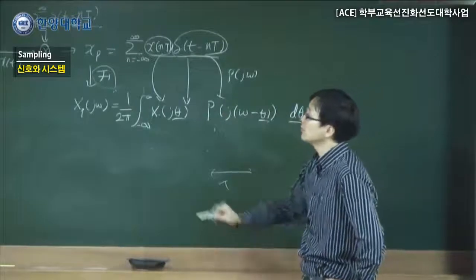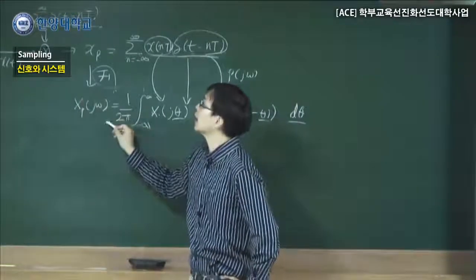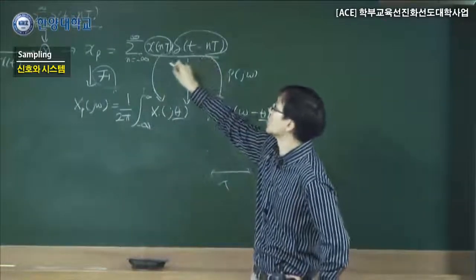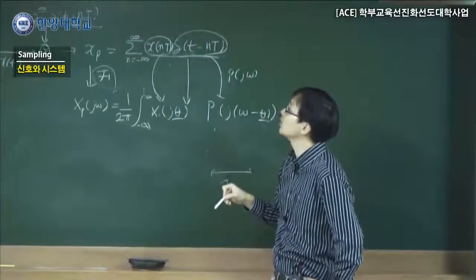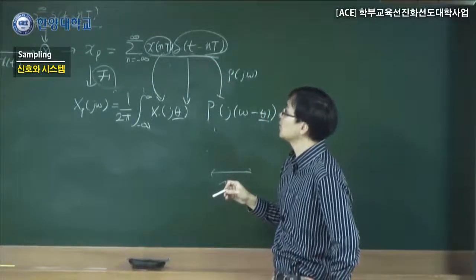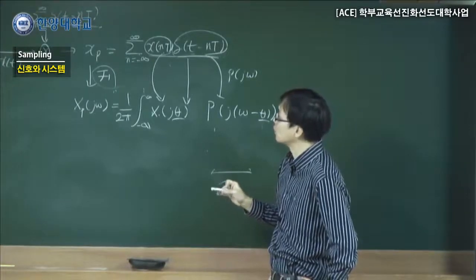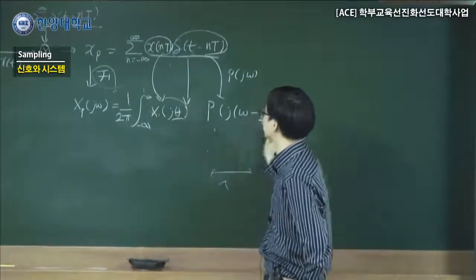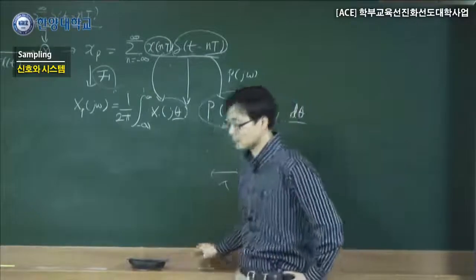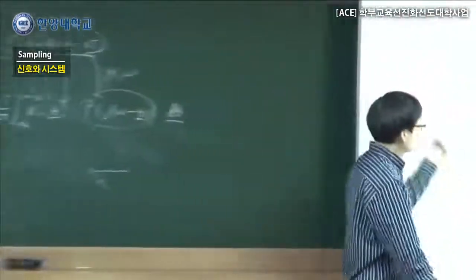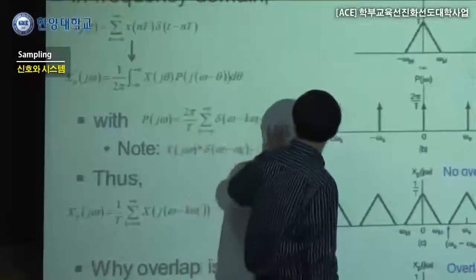After Fourier transform, they become like that. But this multiplication actually becomes a convolution, which is given like that. And this one, which is a Fourier transform, will look like this.